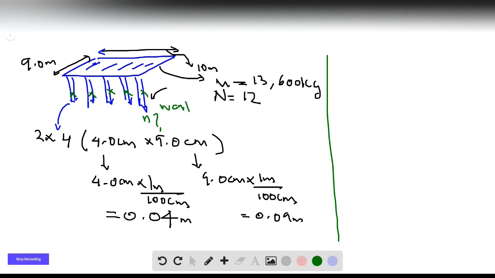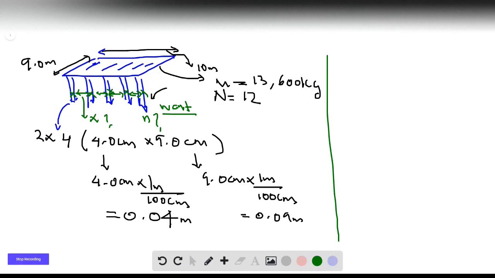And then the second thing we need to find out is this gap right here in between the supports. So, we can call that gap X. So those are the two pieces of information we're looking for.